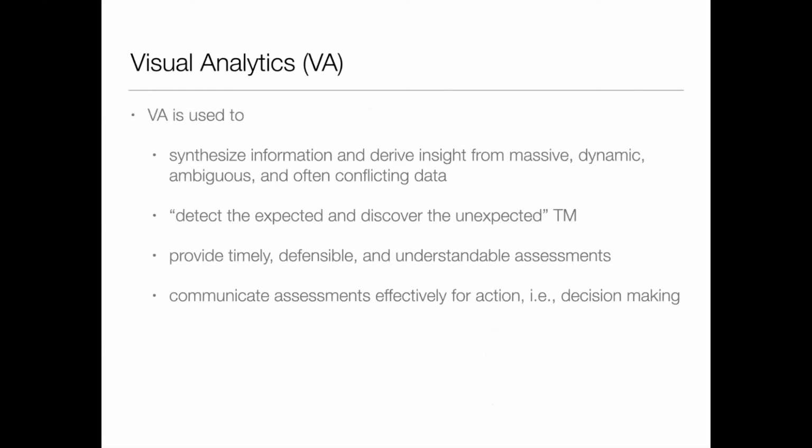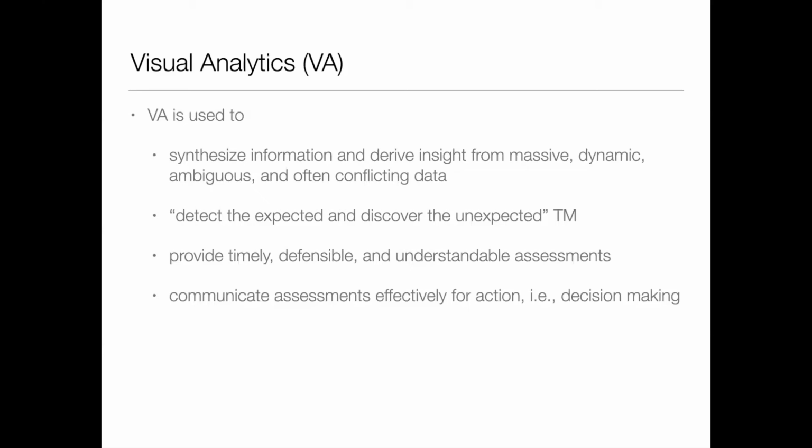So in general, VA is used to synthesize information. Again, I think these are based on Andreas' slides, so maybe you've already seen this before. But this is the idea of, just in general, detect the expected and discover the unexpected, right? So why do we have to detect the expected? Well, if you're not detecting the expected, then it serves as a ground truth for you.